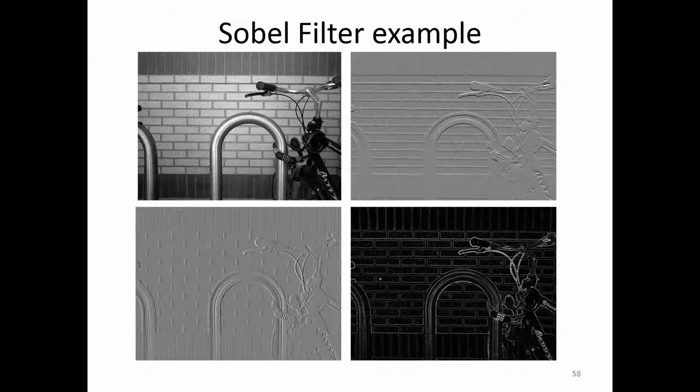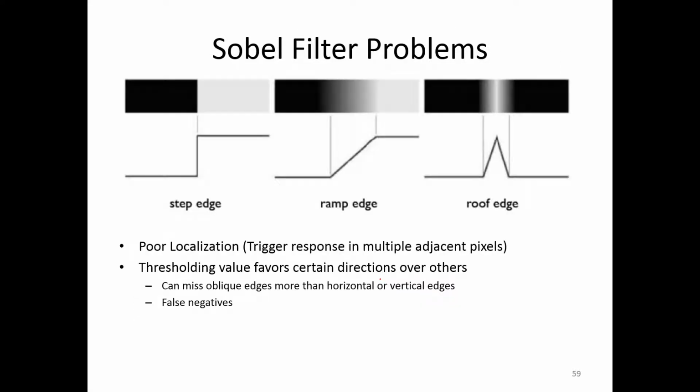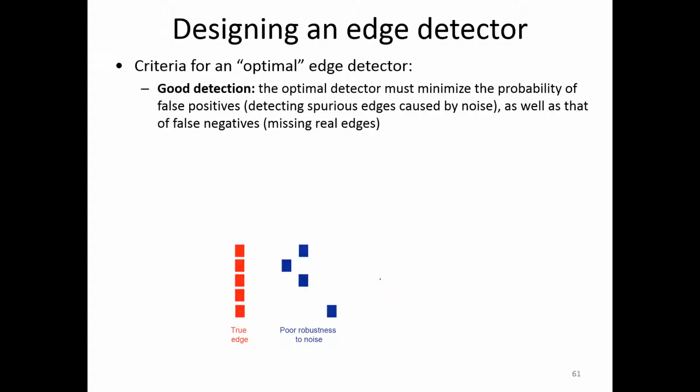There are some problems with the Sobel filter, but in general with these simpler edge detectors, they don't always have robustness to noise.